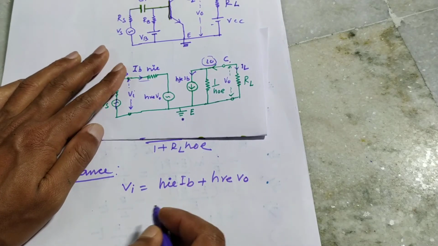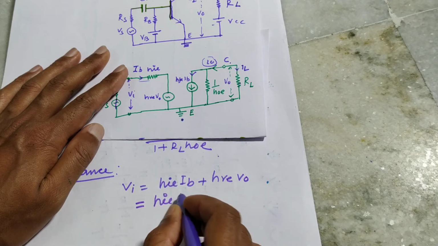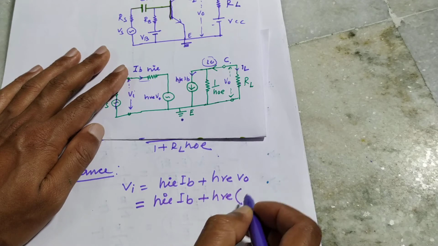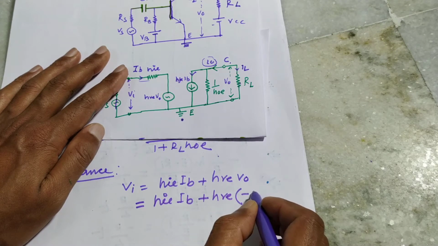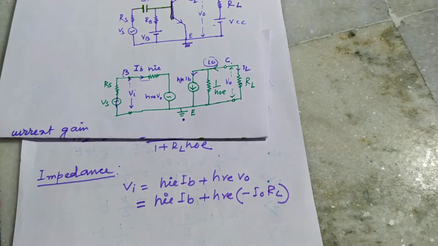So this is VI, or hie IB plus hre, and we already know V0 is equal to minus I0 RL.